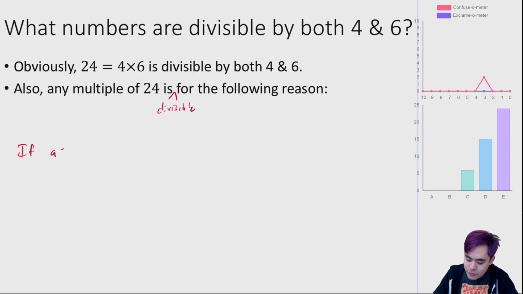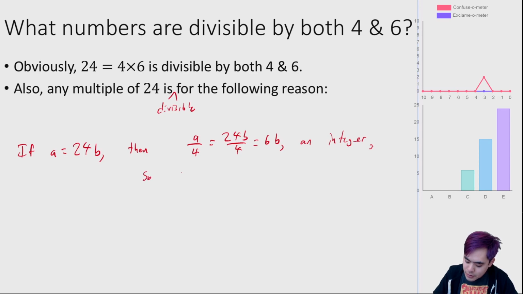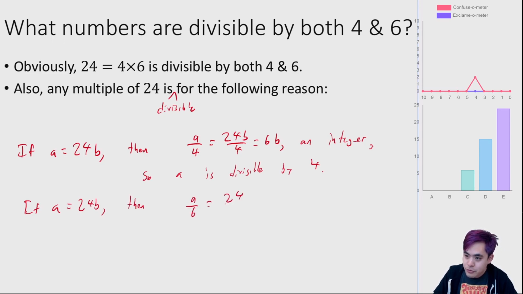If a is equal to 24b, then a over 4 is equal to 24b over 4, which is equal to 6b, so this is an integer, since b was an integer. So a is divisible by 4. And if a is equal to 24b, then a over 6 is equal to 24 over 6 b, which is equal to 4b, which is also an integer.